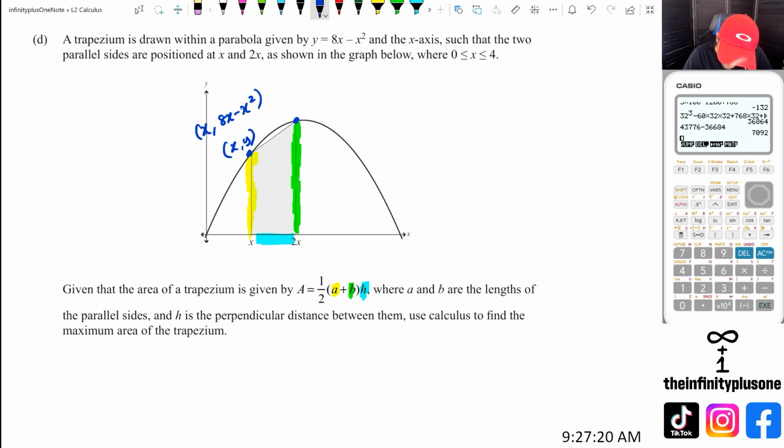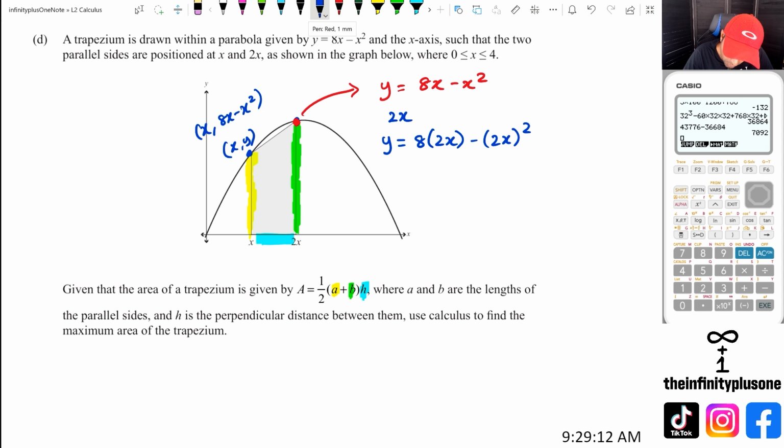And then this point here, which I'm going to put in red, the x value, if you look at it, is actually equal to 2x. So then y is equal to 8 times 2x minus 2x squared. So we're going to get 16x minus 4x squared. So this value here is going to be 16x minus 4x squared.